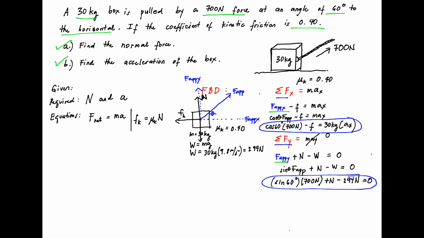Now, the frictional force equals the coefficient of kinetic friction multiplied by the normal force, which is 0.40 multiplied by the normal force.